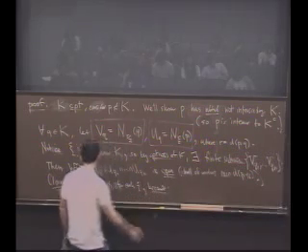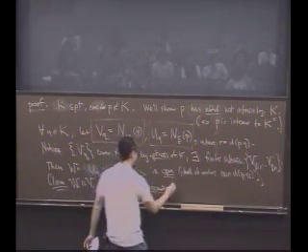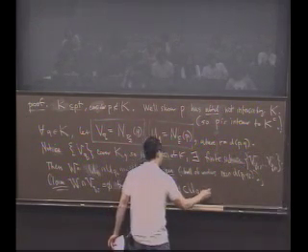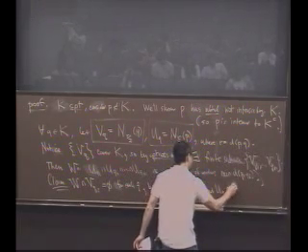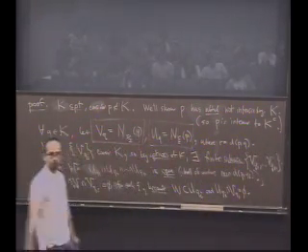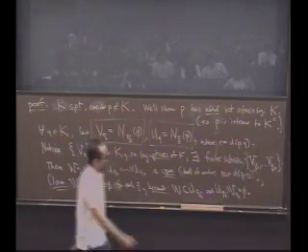Well, it's easy to see now the way I've written it, because W is in U sub Qi, and U sub Qi intersect V sub Qi is empty. Okay? Everybody happy? All right.